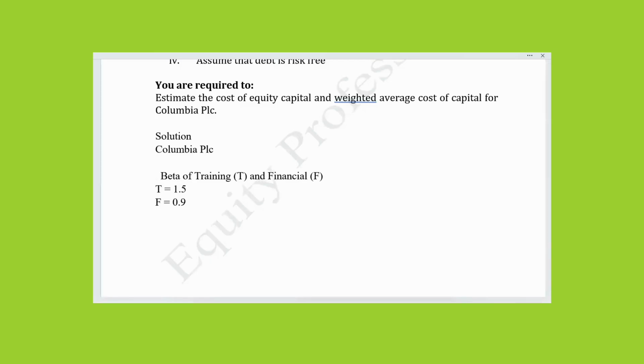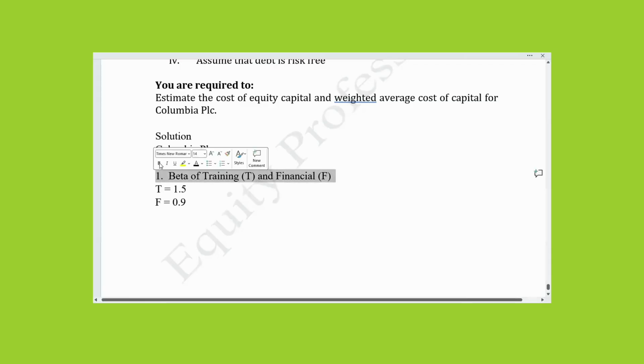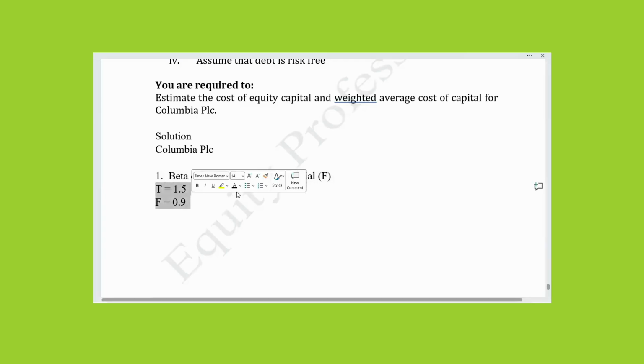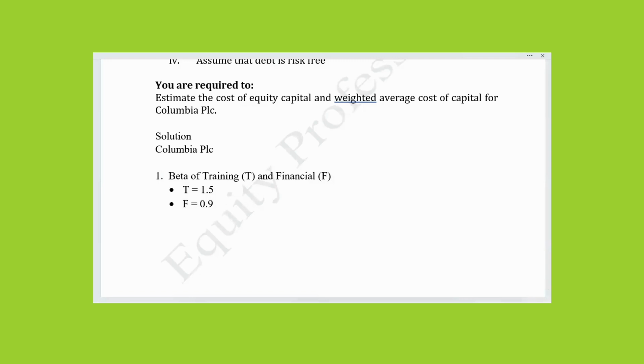So like I said, this is step 1. Step 2 says you should ungear the beta. You will only ungear the beta if the training and financial services betas are geared.